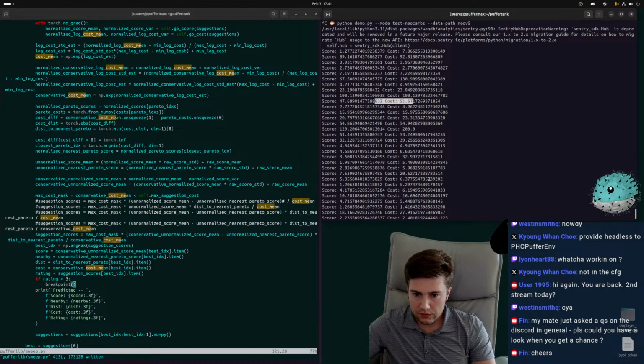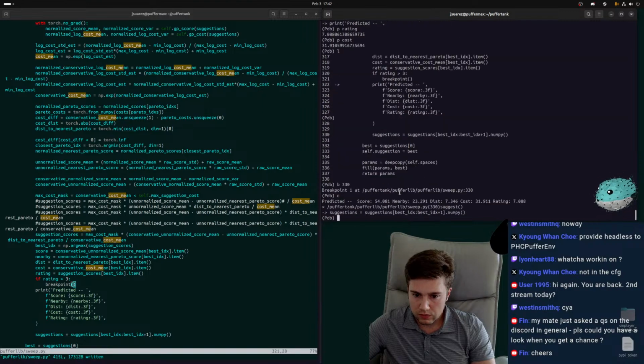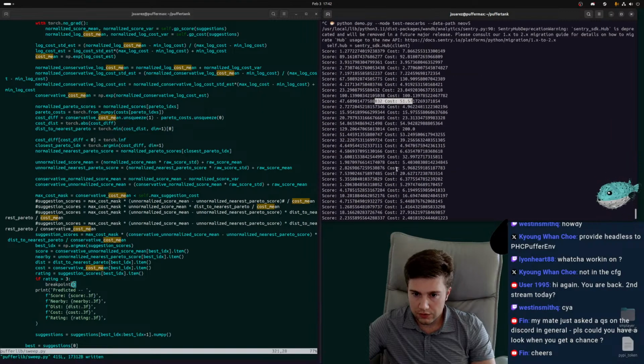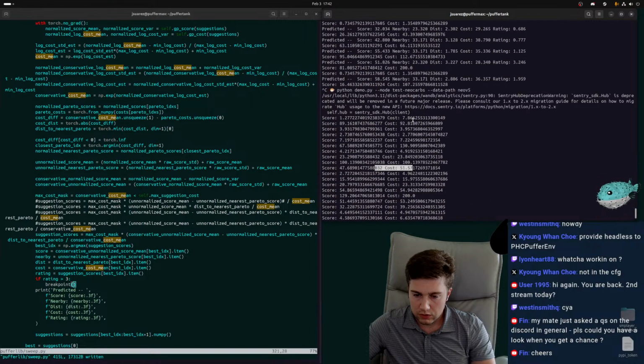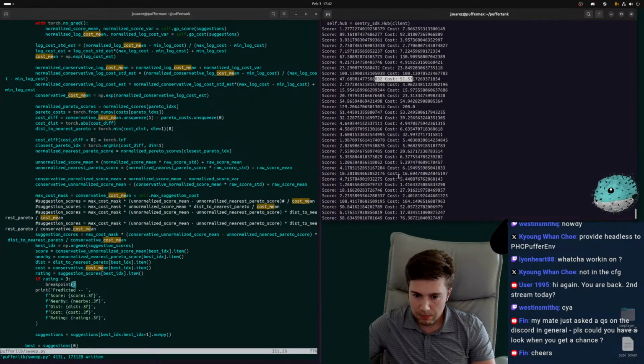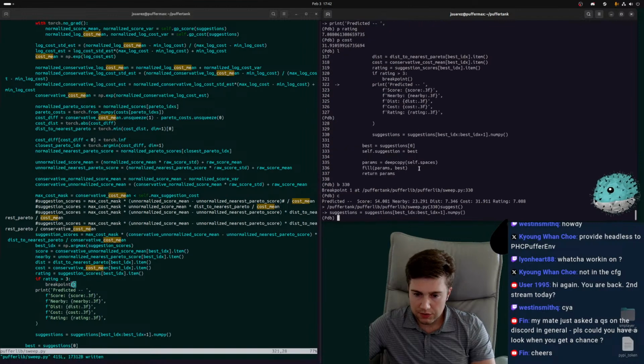Doesn't 47 at 51? Cost is 30. It's going to be cost less than 31. Okay, I buy that. Yeah, I buy that this is a Pareto point, and this is the nearest one.